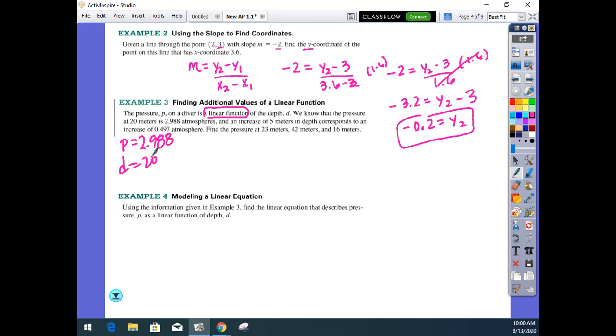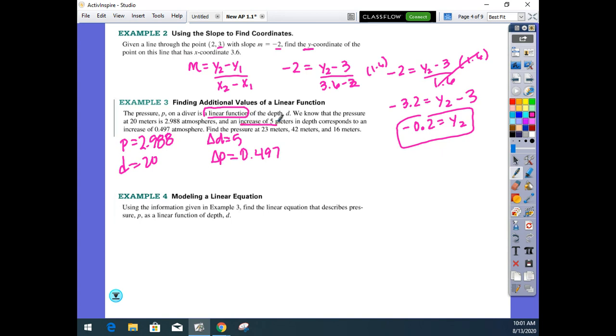An increase of 5 meters in depth, so if our change in depth is 5, we get a change in pressure of 0.497.